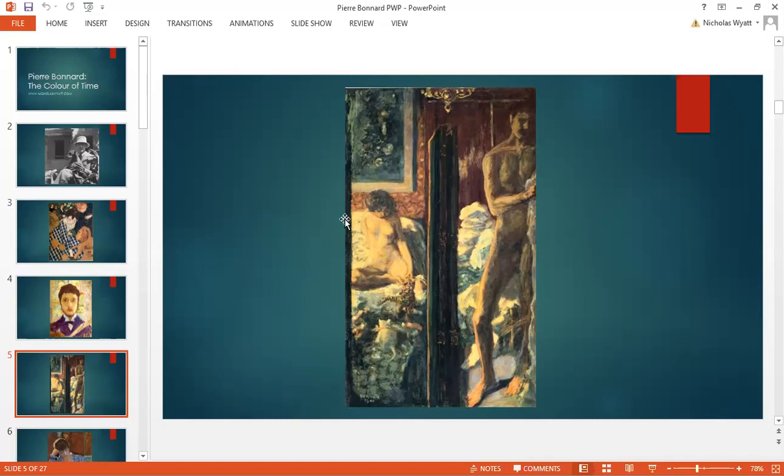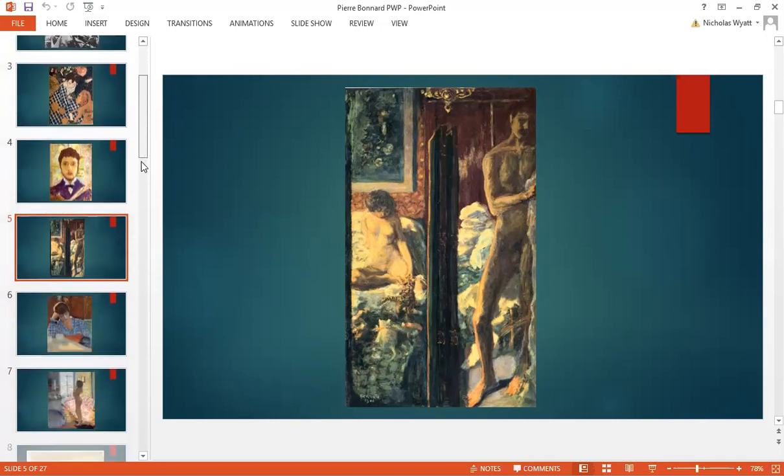Obviously looking at how artificial light falling on Marthe and the colors it's producing on her body, these sort of yellows and lilacs, and then the greens of the shadows. So it's a sort of foretaste of where Bonnard's painting will develop.